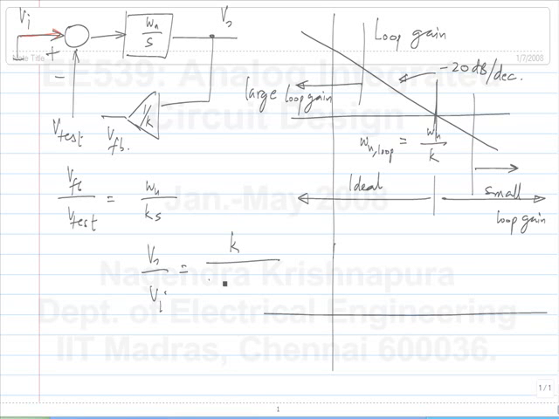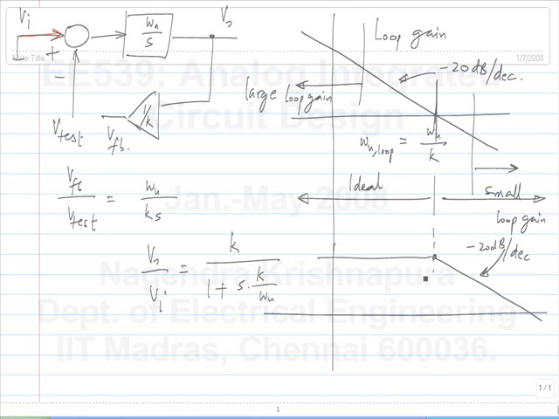So k by 1 plus s, and the pole is at omega u by k. Okay. So it has a gain of k up to a frequency of omega u by k, and after that it follows the loop gain curve, which is at minus 20 dB per decade.